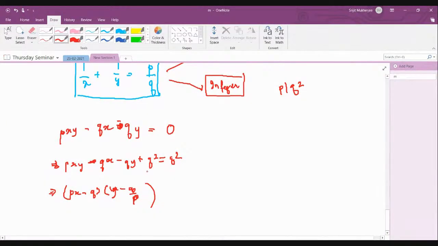No, it's not happening. Okay, I can add q squared by p, I think. Yes, this is a good thing. q squared by p, px minus q. Yeah, I think this happens actually. Okay, this makes sense.